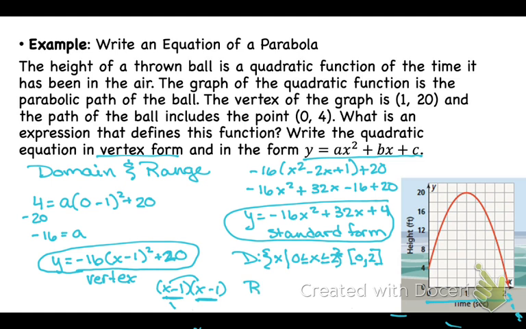But is my range going to change? Can I go negative feet? No. And where did I start? 4. So it's going to go up to 20. And the smallest is what? 0.